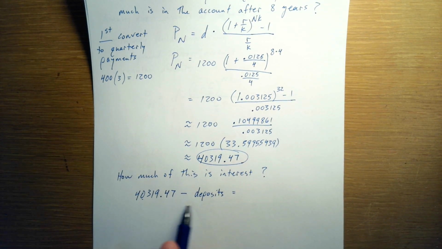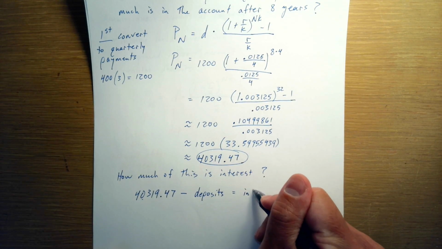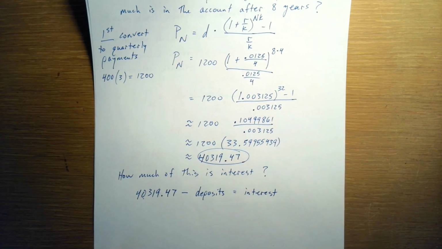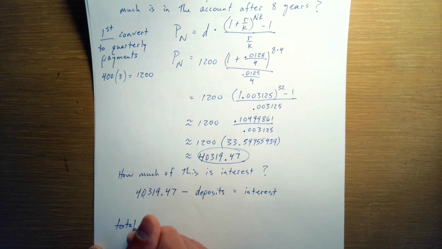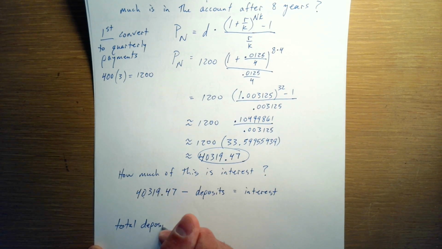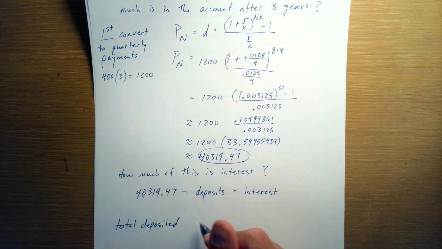So the total amount of money minus our deposits must be the interest. There are only 2 ways that money gets into an account. It's either deposited or it's interest. So for our deposits, let's compute that.